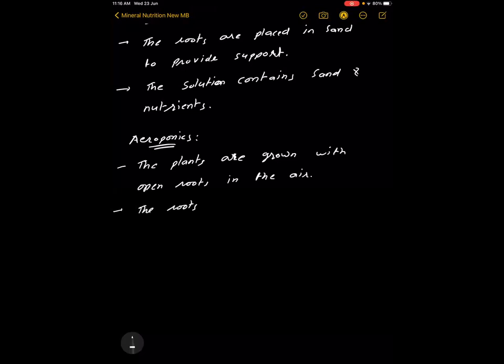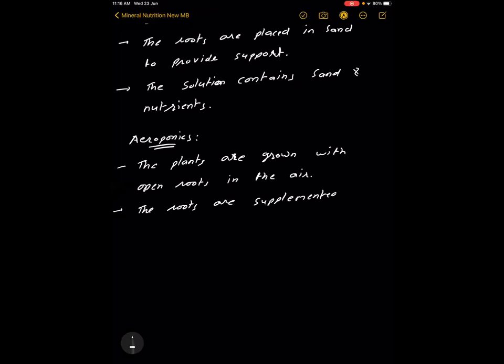The roots are supplemented with nutrients. Okay.